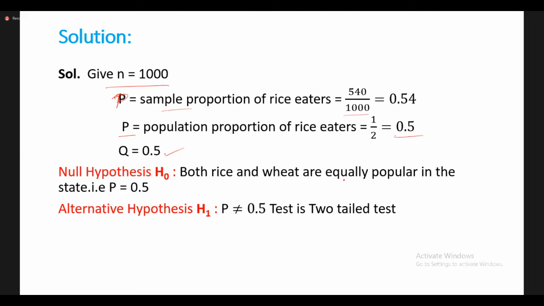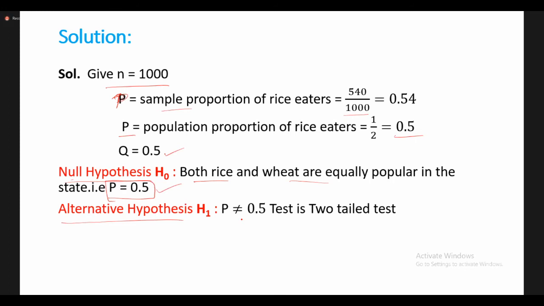All of you see the null hypothesis. The null hypothesis is that both rice and wheat eaters are equally popular. That means we have to take capital P equal to 0.5. After that, the alternative hypothesis. In the question they didn't give any condition like rice eaters are more or wheat eaters are more than rice eaters.